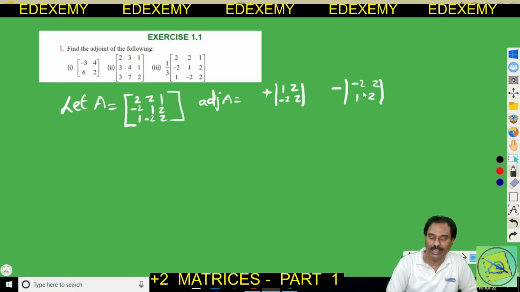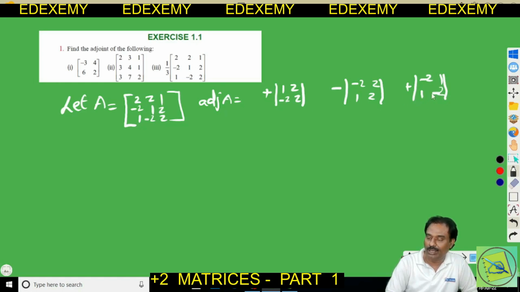Now the third one, for this one, we will calculate the cofactor. So plus, minus, and this one is plus. It is in the first row, third column. You leave it, the remaining numbers are minus 2, 1, 1, minus 2.